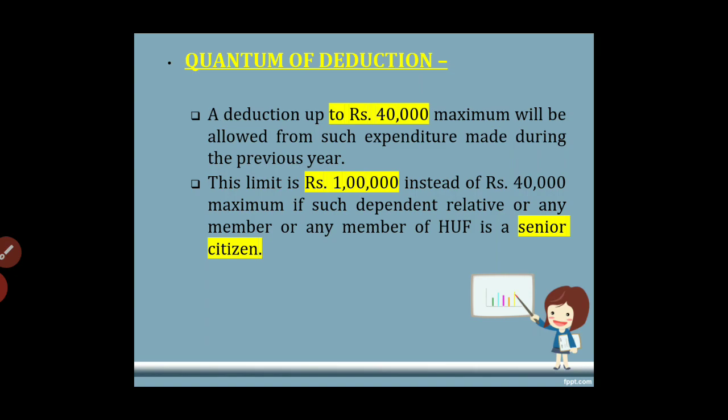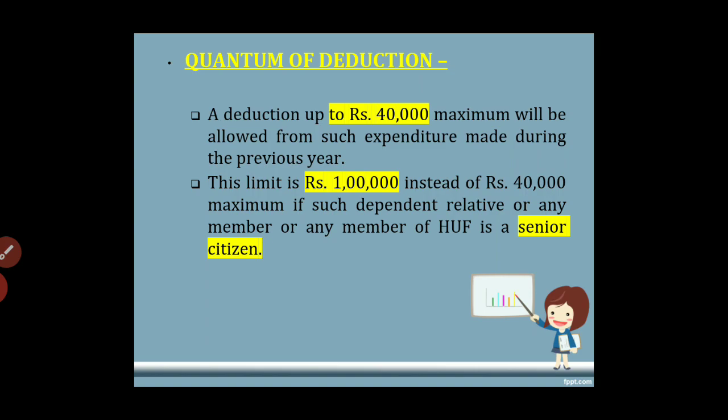If any assessee incurs expenditure on a specified disease of rupees 25,000 in a previous year, what is the maximum limit of deduction? You can avail a maximum of 40,000. So how much deduction will you get? Your actual expense in the previous year is 25,000, so you get a deduction of 25,000, right? But at max you can avail a deduction of rupees 40,000.